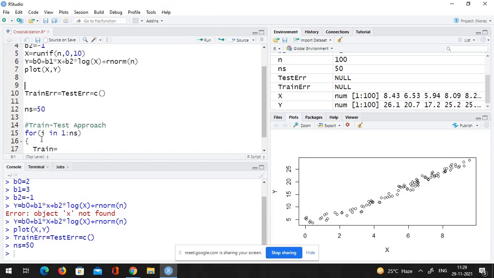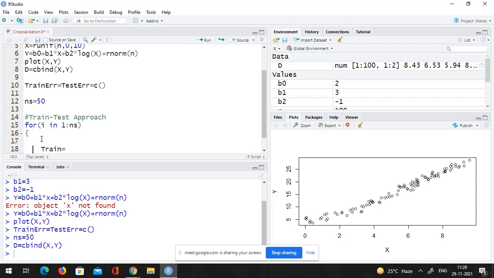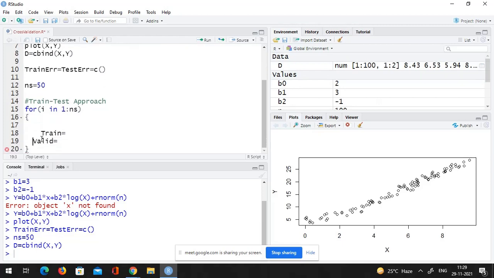Okay, so let me first combine x and y so that this is my data set. Okay, xy. So now I have to randomly sample some row numbers from 1 to n, and how many? n by 2. Okay, so let me take m, not k, as k we are going to use for k-fold.